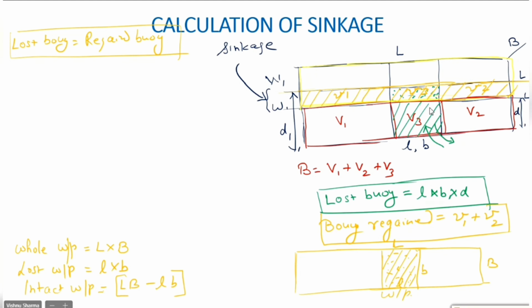So the intact water plane means the water plane of my vessel. Before bilging, the whole water plane was intact. After bilging, the intact water plane is reduced to capital L into capital B minus small l into small b. Is it now clear or is there still some doubt? Yes, clear.